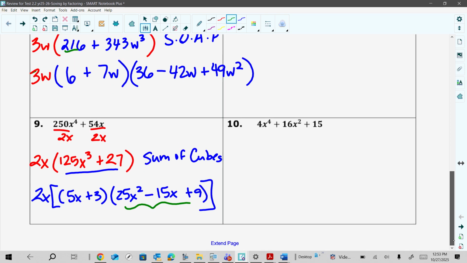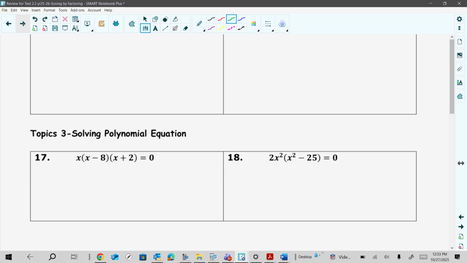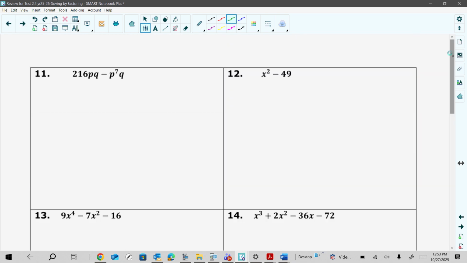All right, so we have some more on the next page here. I did give some with multiple variables, like on number 11. The GCF here in both terms is PQ. So I can take out both variables here.